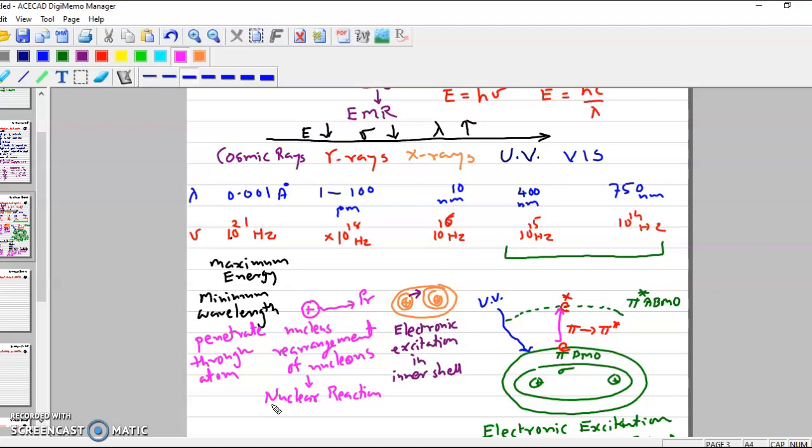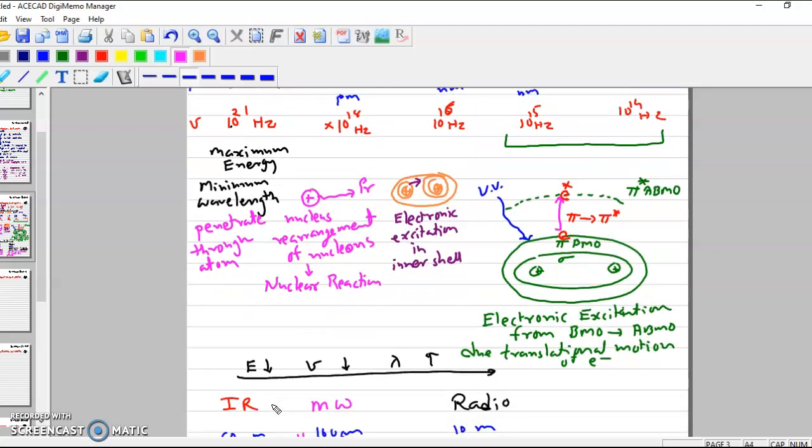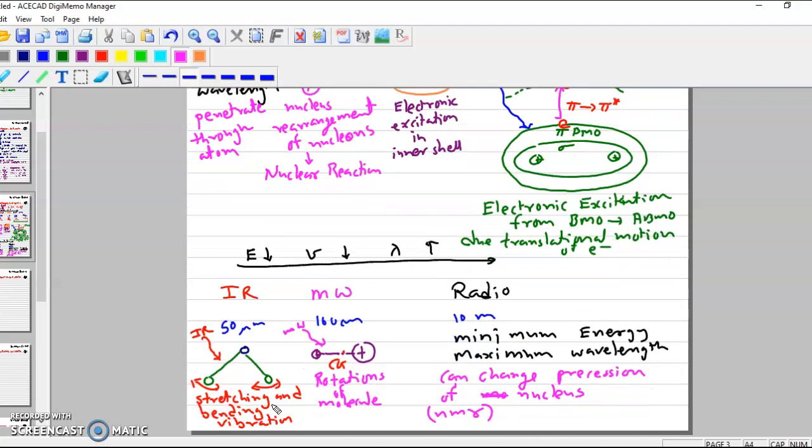Gamma rays can change the nucleus, X-rays can change internal orbits, UV-visible produces electronic translational motion of electrons from the bonding molecular orbital to the anti-bonding molecular orbital.